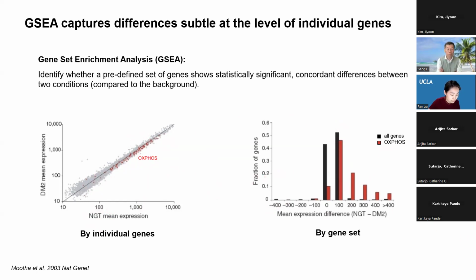So if we draw a distribution of their mean expression difference, this red distribution is actually obviously different from the one for all genes, which is the black distribution. And the GSEA method will be able to capture this kind of interesting pattern because it views this set of genes as a whole and compares it to the background, which is all the genes here. Well, that is the idea of GSEA.